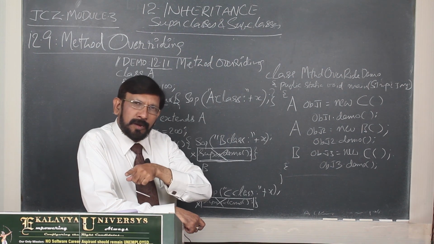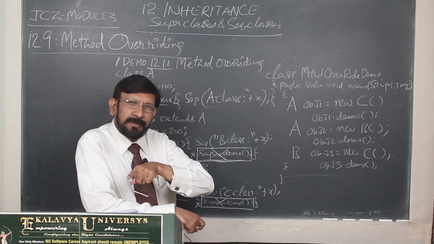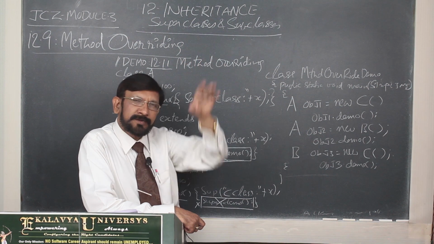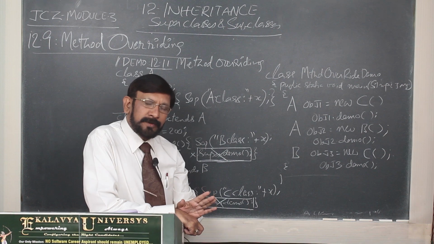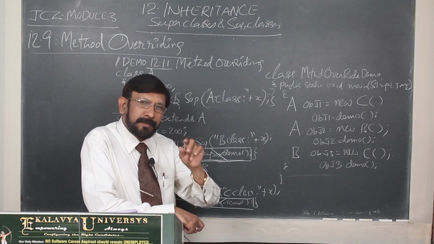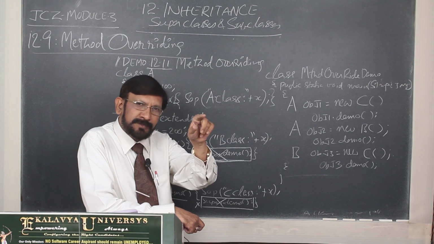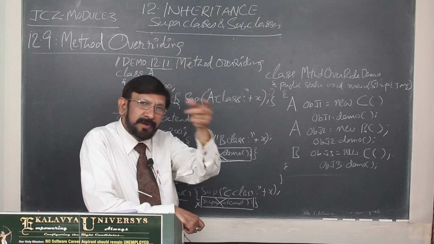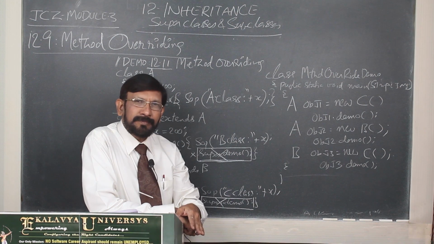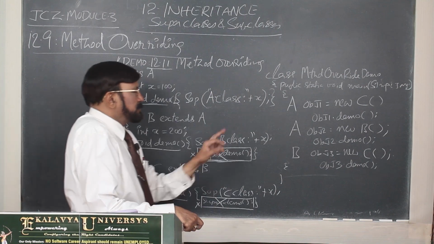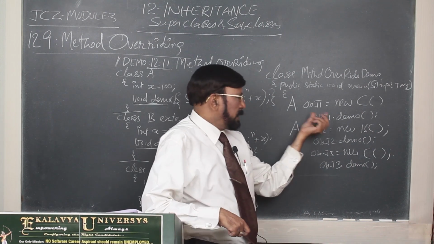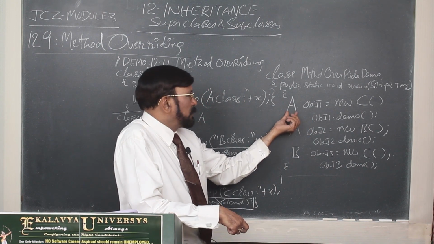So, you are the type of yourself as well as your forefathers. But you are your father's type, but your father is not your type. That is wrong. That point you remember. Here you see, and that point only I am establishing through this example.